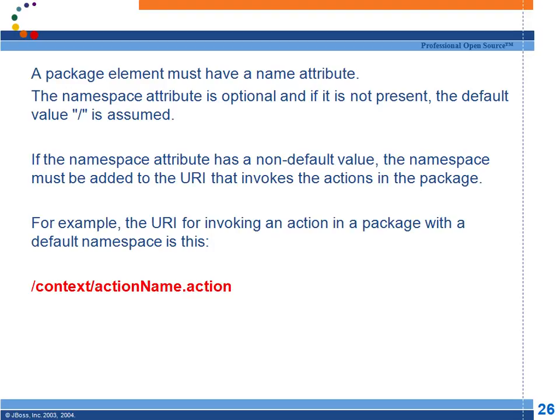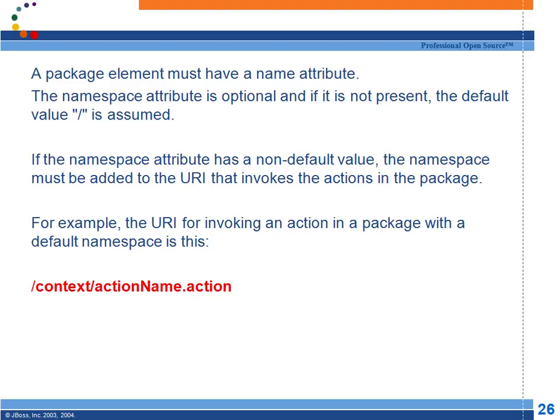For example, the URI for invoking an action in a package with the default namespace is this one: application name, context means application name, slash action name dot action. That's what we have used till now, because there is no namespace.